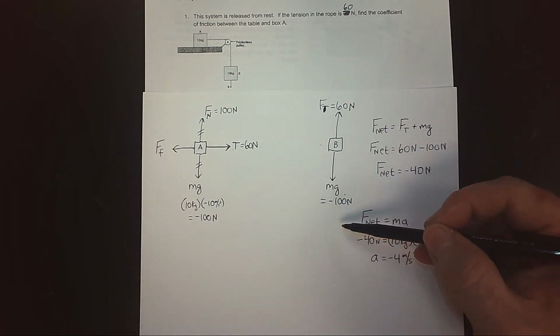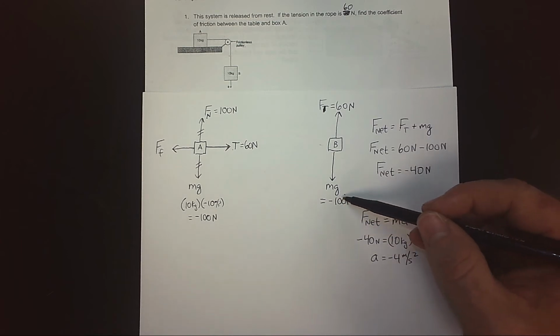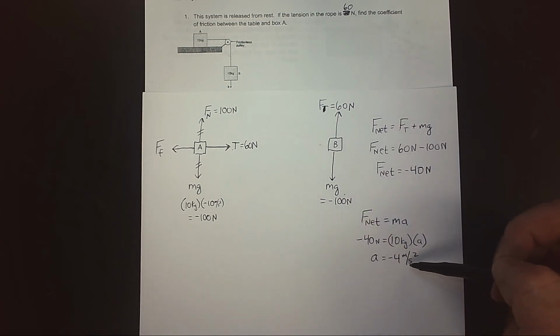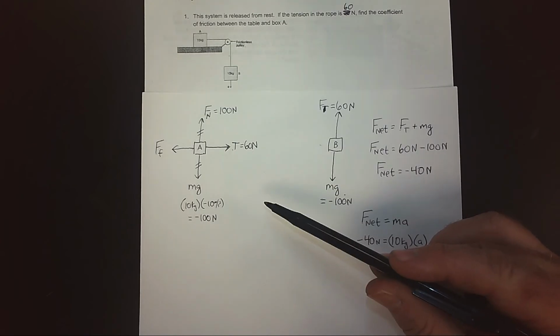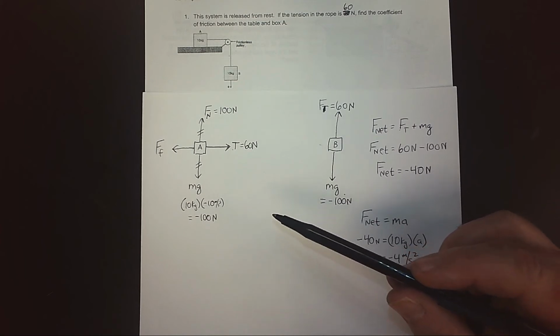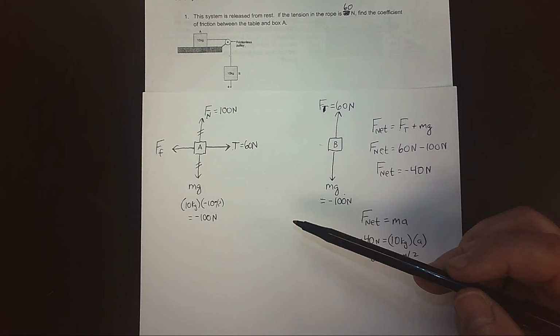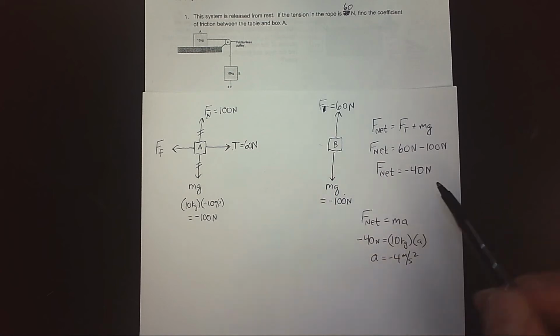It's headed in the downward direction, and we've called the downward direction negative, so that's going to be our acceleration. This is the same magnitude of acceleration that box A is going to have because they're attached with a rope. Anytime two objects are attached with a rope or chain, they're somehow connected, they're going to have the same acceleration.